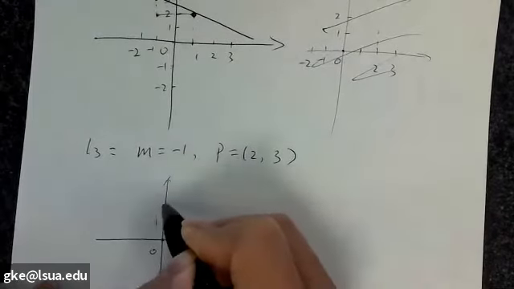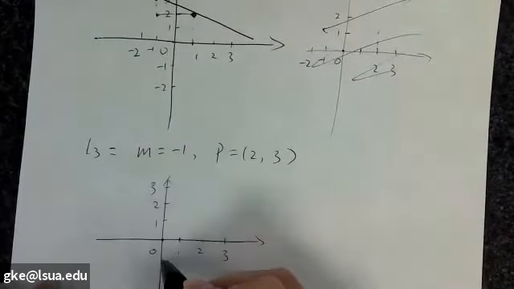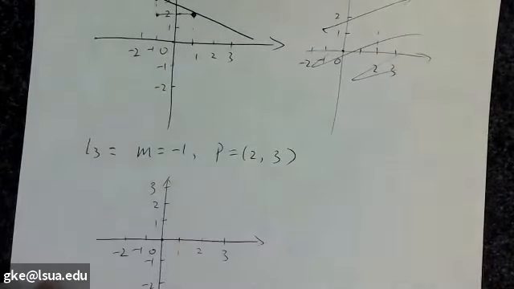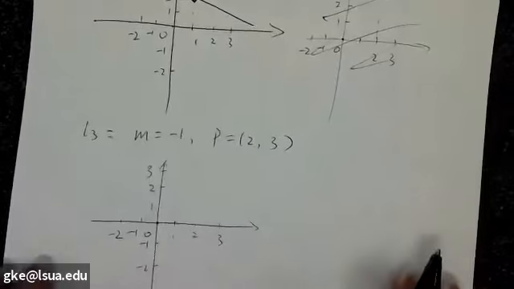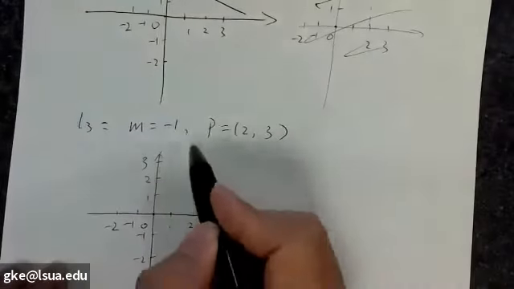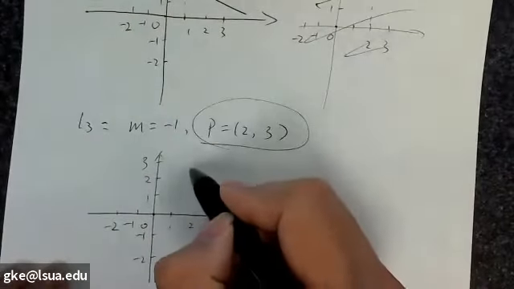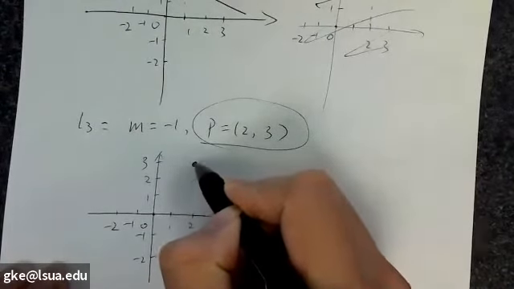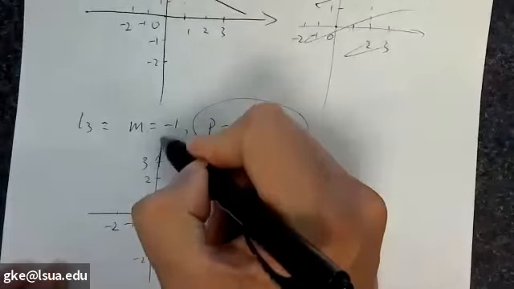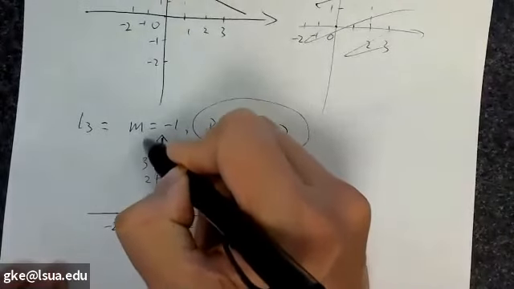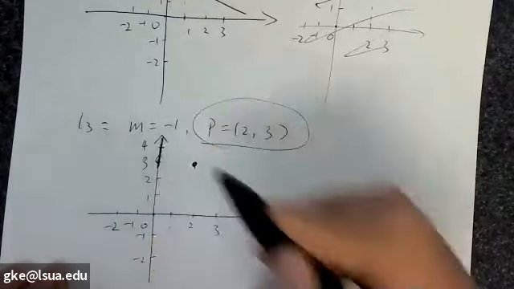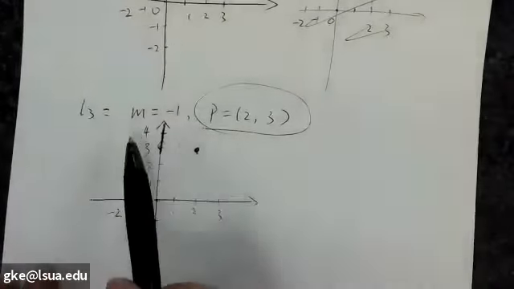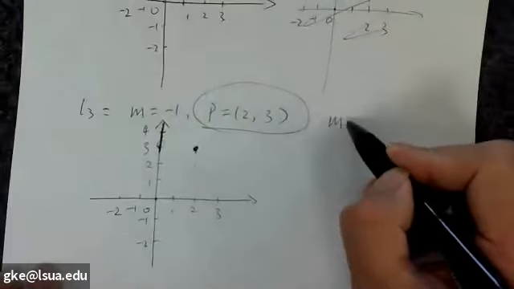So the first step, we're still gonna draw a point, 2, 3. So m equals -1.